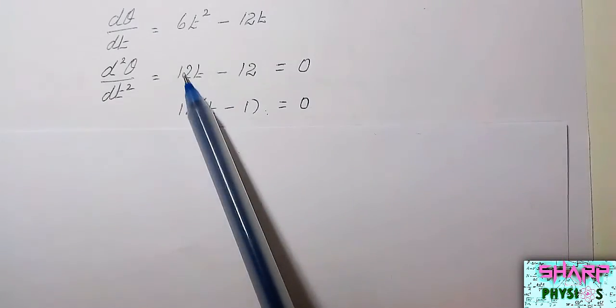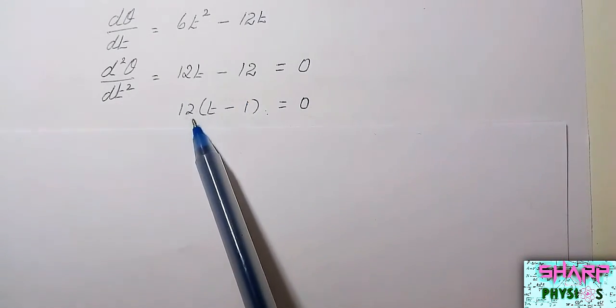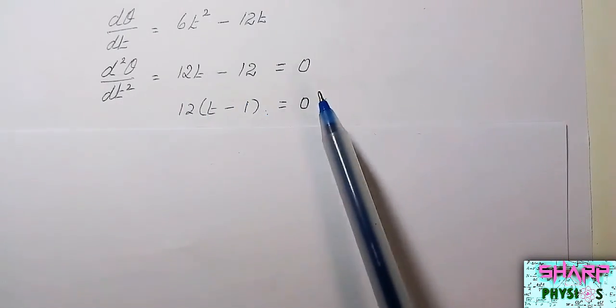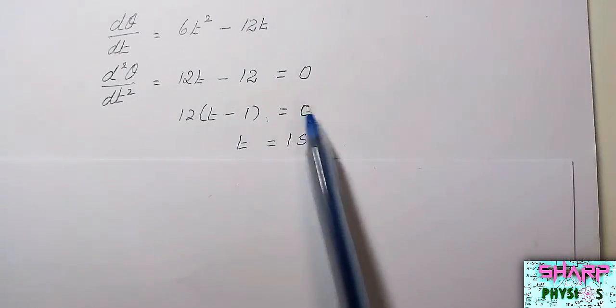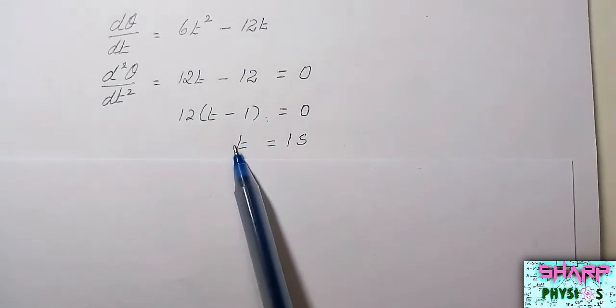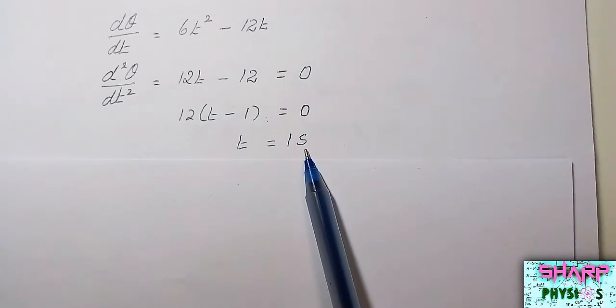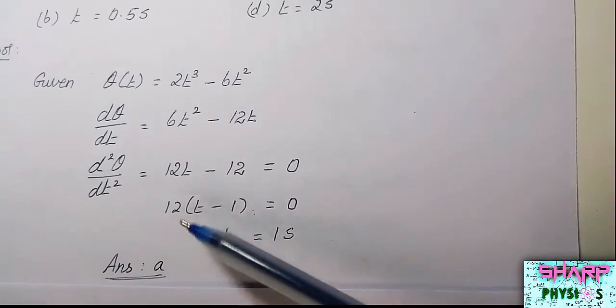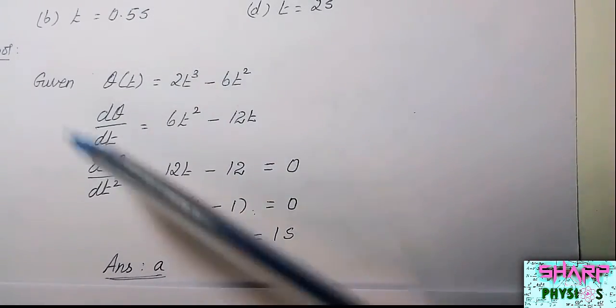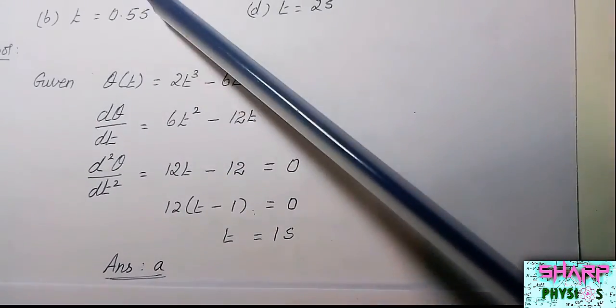So take the common factor 12 outside. You will get 12 into t minus 1 equal to 0. Take the 1 to this side, so you will get t is equal to 1 second. So the answer for the problem is A.